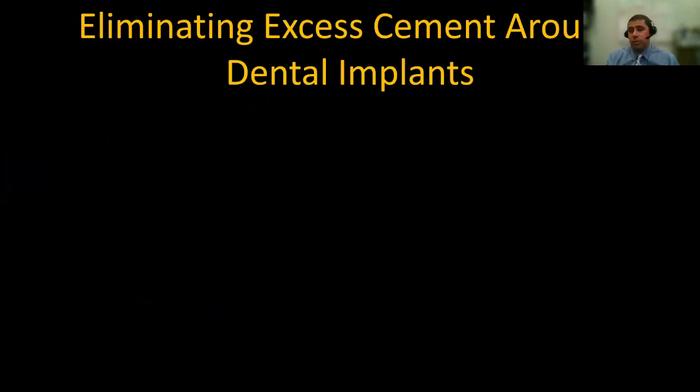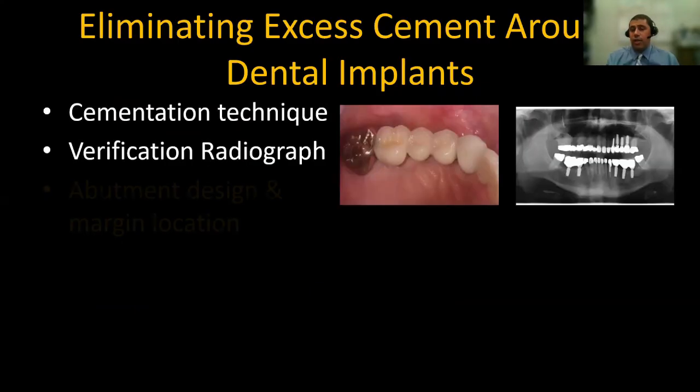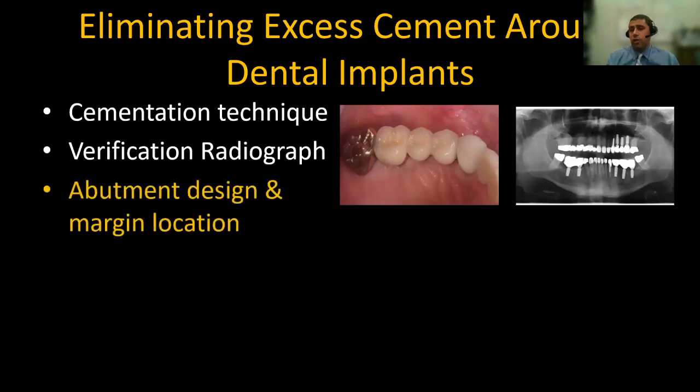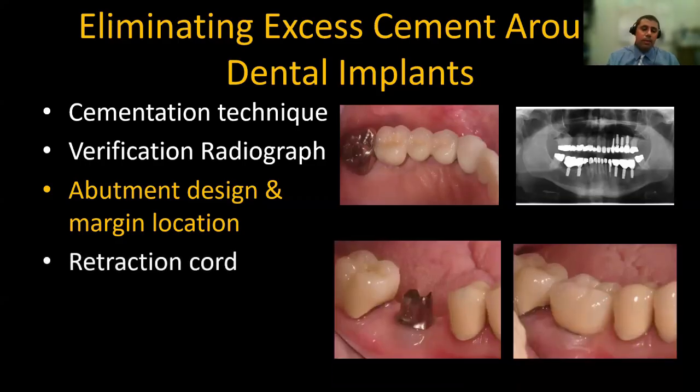Also, the use of these abutments is a very important feature in trying to eliminate excess or retained cement around the dental implant. We can utilize multiple strategies to do that, including using verification radiographs, radio-opaque cement, and using retraction cord during the placement of the abutment.